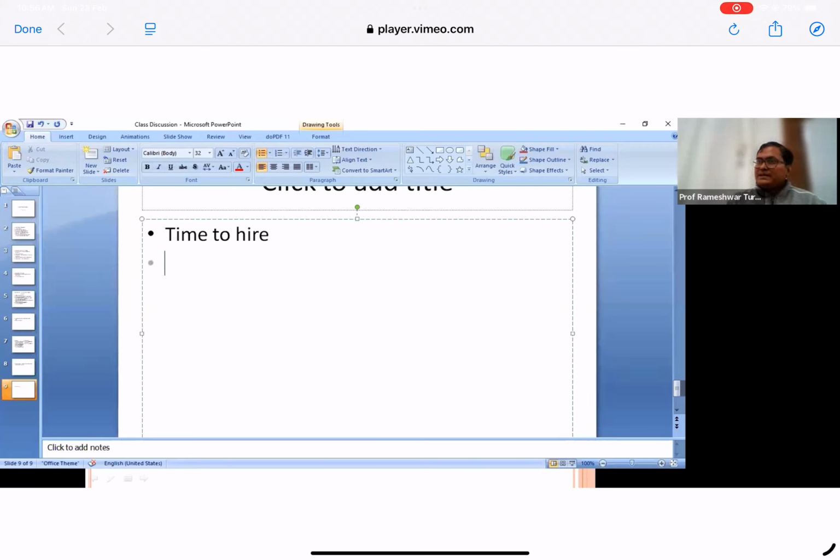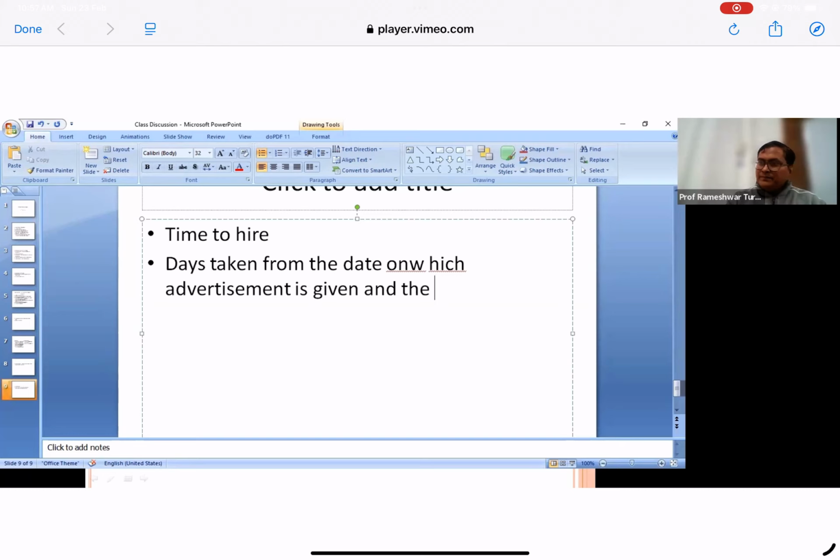Some company may calculate this measure as days taken from the day on which the advertisement is given until the employee has joined the company. How many days has it taken? From the date on which the advertisement is given till the employee joined the company, the first day.